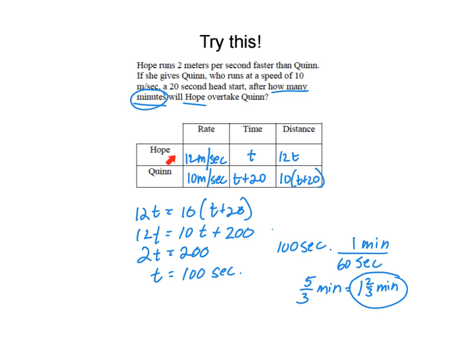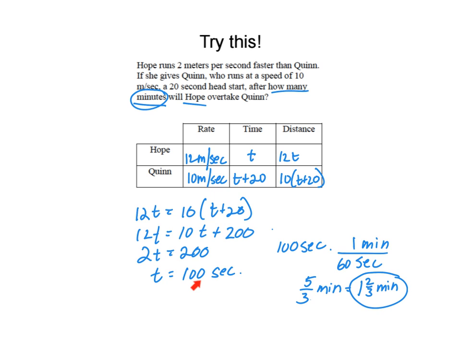I can find the distances by multiplying rate times time, so that's these. And because Hope is catching up with Quinn, that means they're going to be running the same distance. So I set these equal to each other, distribute the 10, then I subtracted 10t from both sides, and then I divided both sides by 2.